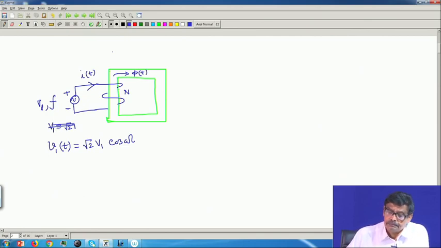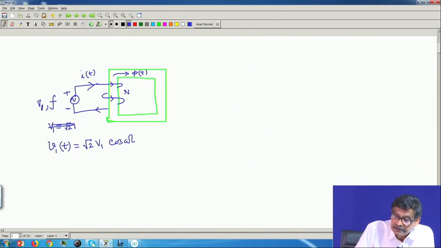Since the current magnitude is changing with time, this phi will be time dependent. Sometimes it will flow clockwise, sometimes anti-clockwise, sometimes it will be 0 when the instantaneous value of the current is 0, and so on.